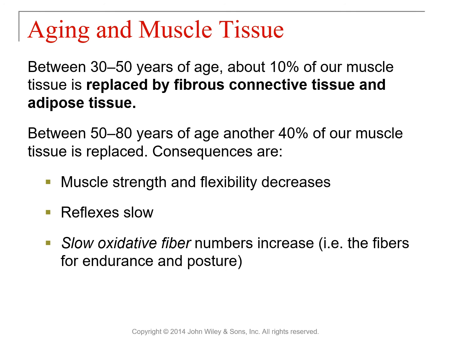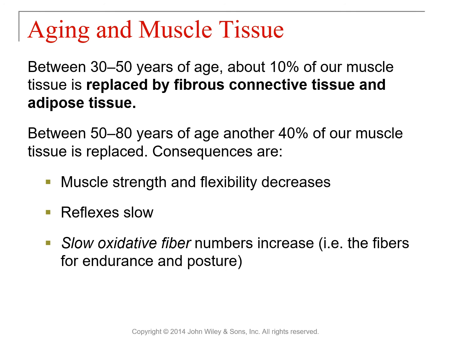Slower reflexes as well can lead to further injury, tripping, falling, not being able to get out of the way of injury, etc. Also, the number of slow oxidative fibers increases. And these are the fibers that are involved in endurance and posture. But again, with a decrease in the fast glycolytic fibers, the reflexes become slower.